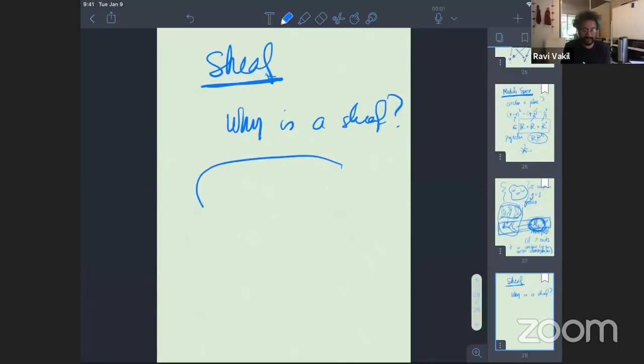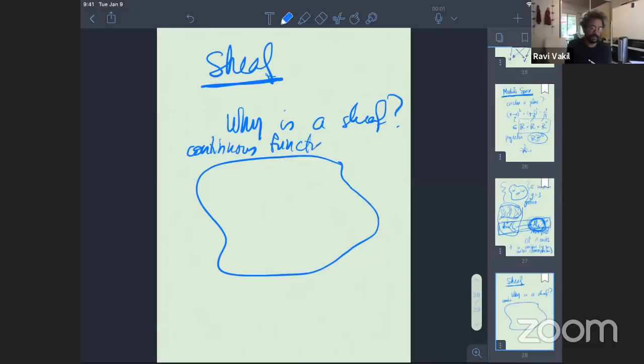Consider some nice space, maybe a manifold, or something really concrete, like the desktop in front of you. My question is going to be about continuous functions on X. But I want to think about it in a better sense.